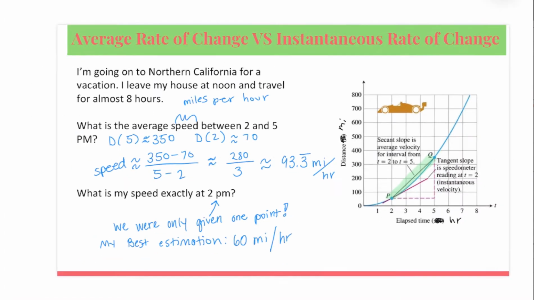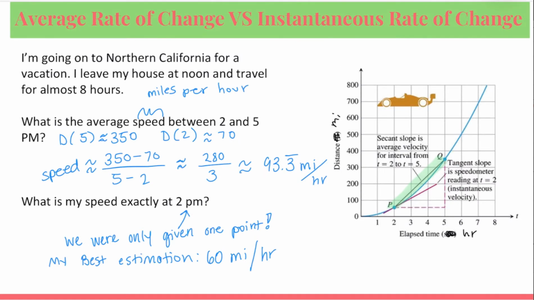So this is an estimation. I estimated the distance traveled at 5 p.m. to be 350, and the distance traveled at 2 p.m. to be 70 miles. Then I did change in y over change in x to get 280 miles over the course of the 3 hours. Dividing that, I got 93.3 repeating miles per hour.